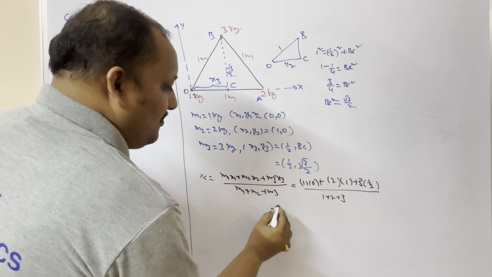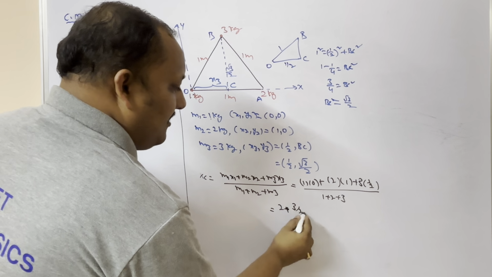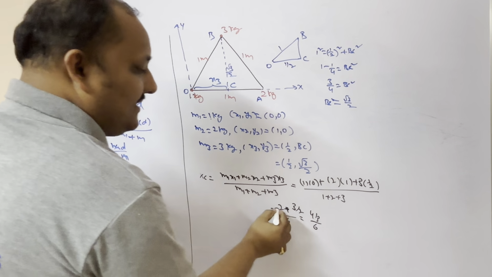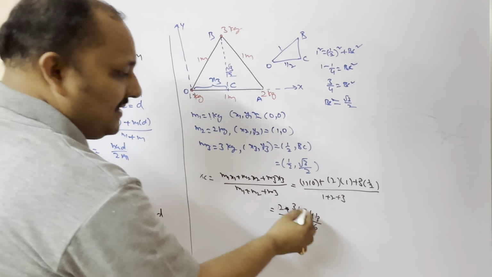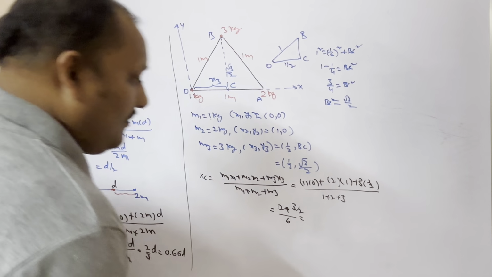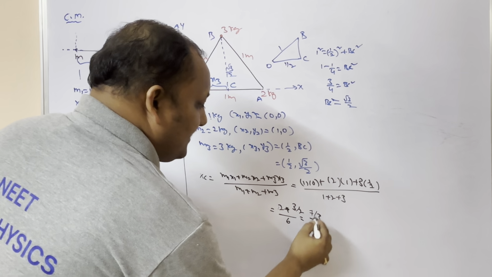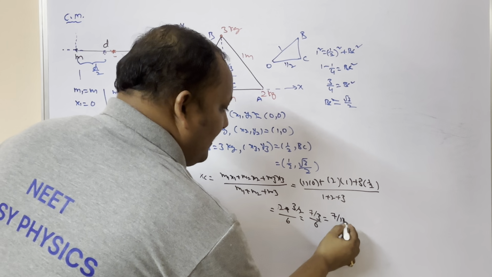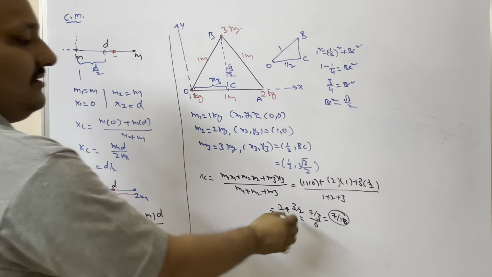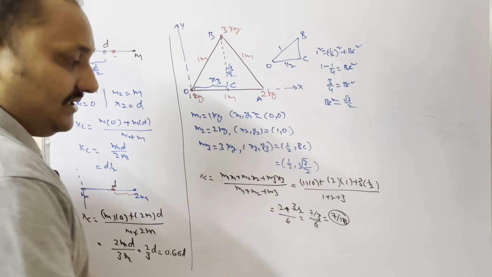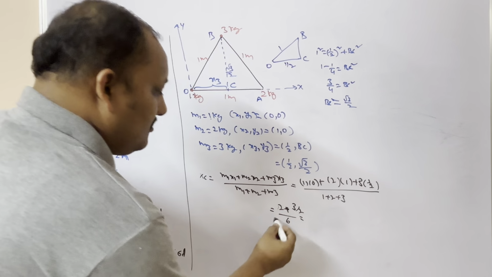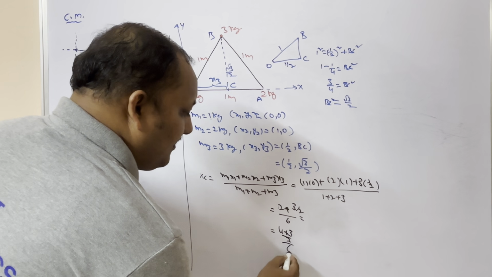So 2 into 1 is 2, plus 3 by 2, over 6. That is 4 plus 3 by 2, over 6.